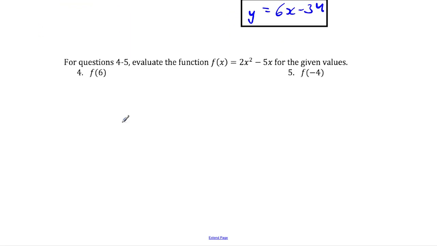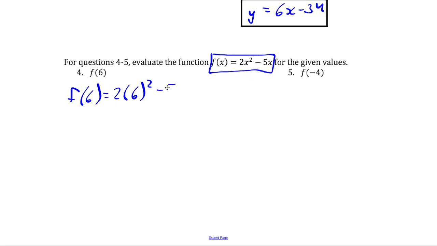For the next one, for these two questions, we want to evaluate this function. So f of x is equal to 2x squared minus 5x. So when we want f of 6, notice I replaced the x with a 6. I just evaluate this.